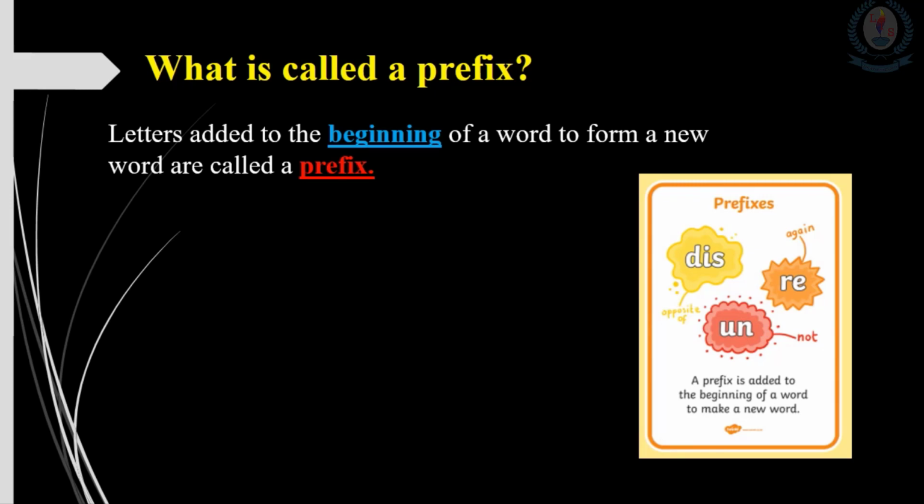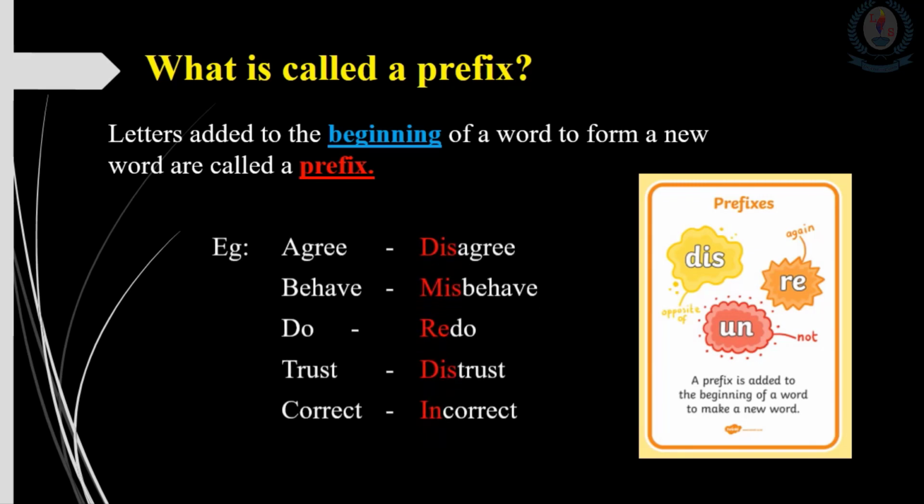Now here, look at the word which I have highlighted in blue. Beginning. Remember, prefixes are added to the beginning of a word. Now here I have given you some examples.